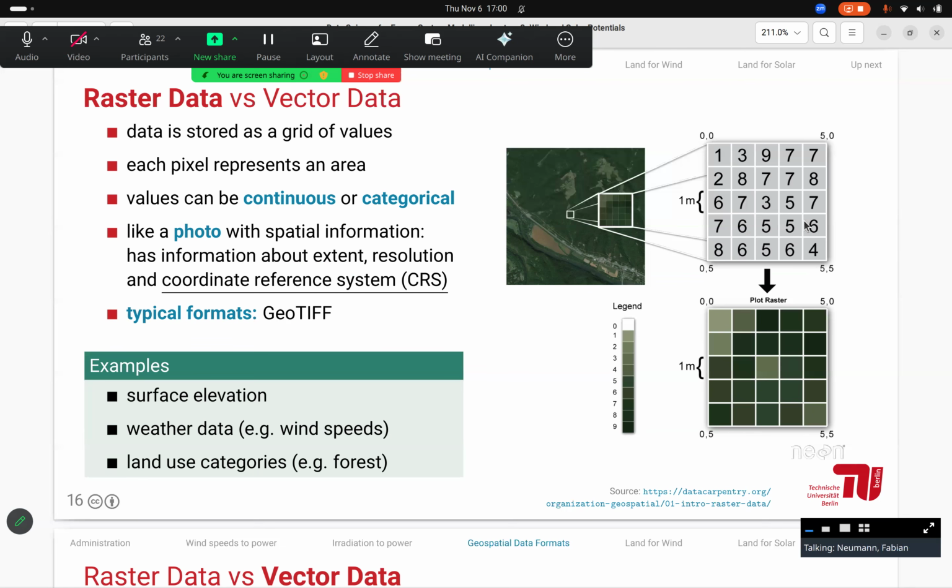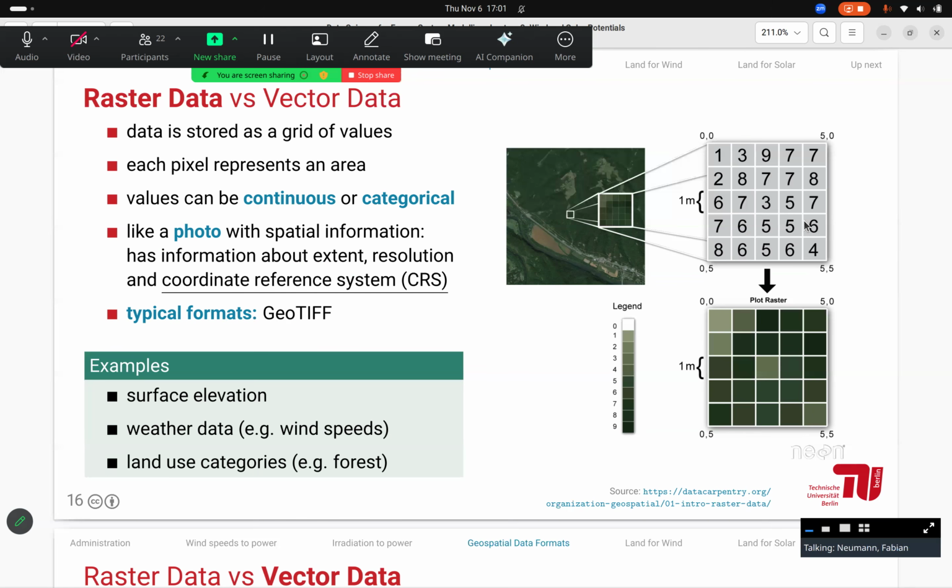Each pixel can have a resolution. So for example, 1 meter by 1 meter. In this case, we won't work with any data sets that are 1 meter by 1 meter. Far too much data to process if you think of whole countries. But we maybe work with 50 meter or 100 meter data sets.